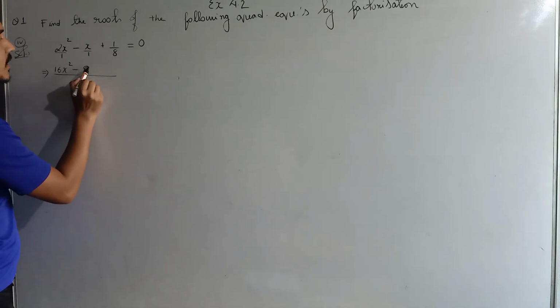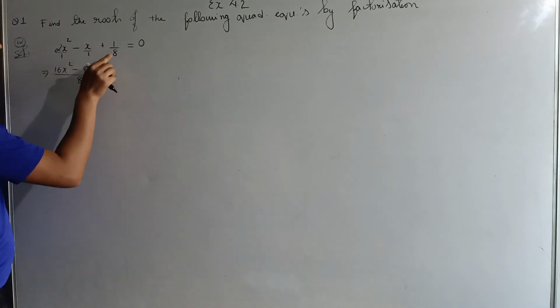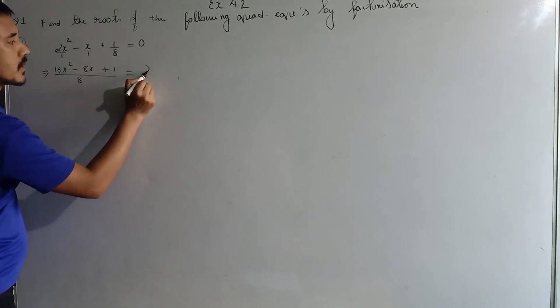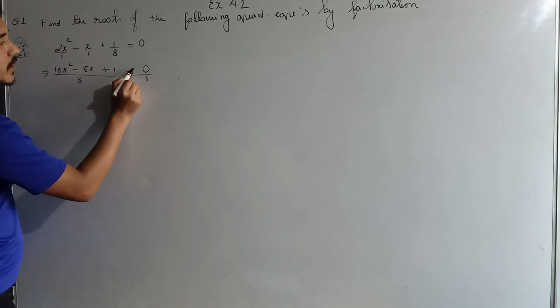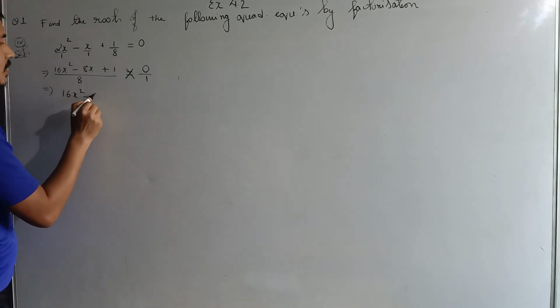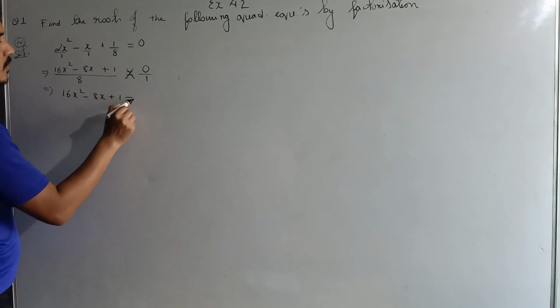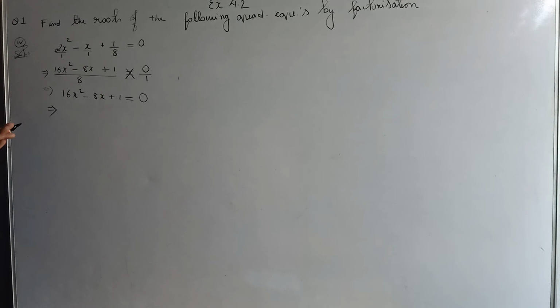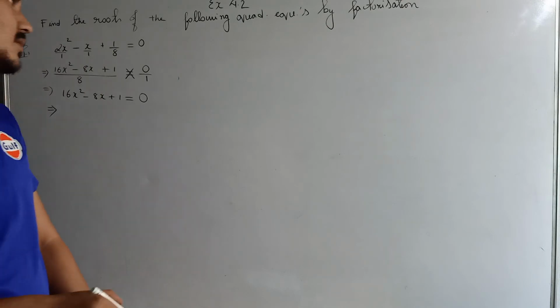Similarly, we have 8x. And 8 divided by 8 is 1, 1 times numerator 1 is 1. 0 we can write as 0 upon 1. If you cross multiply, 16x squared minus 8x plus 1 equals 8 times 0, which is 0. Now your equation is free from fractions.